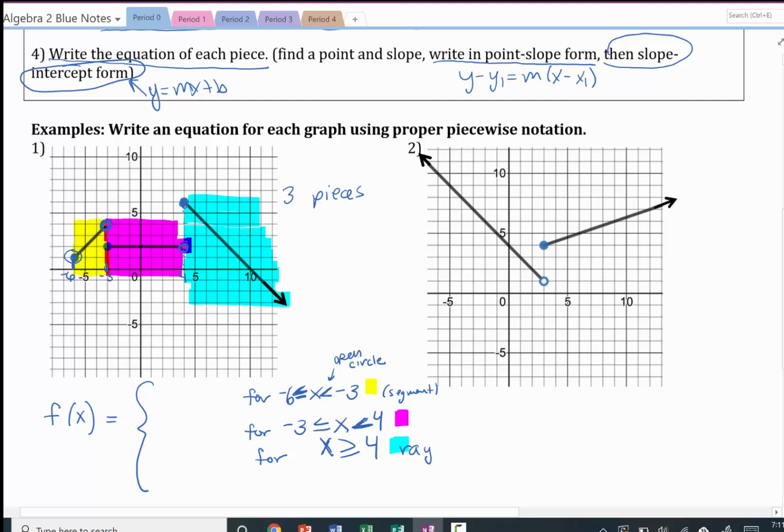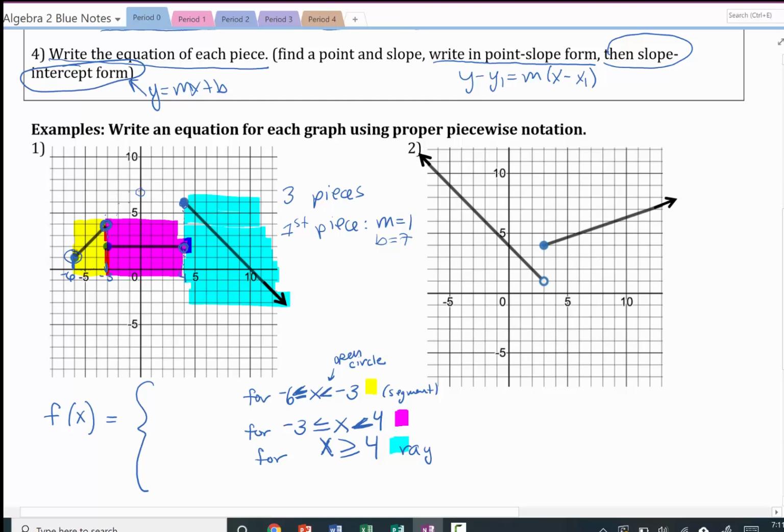So I can tell with the first piece that the slope is 1 just by counting rise over run. Then if I were to continue counting rise over run, because I notice it has a slope of 1 and I kept going up 1 over 1, up 1 over 1, up 1 over 1, I can see that it would have a y-intercept of 7, right?